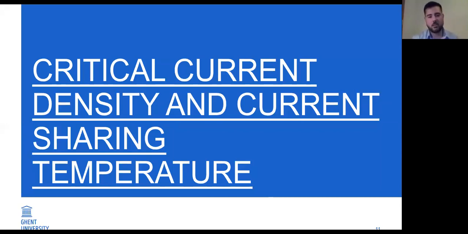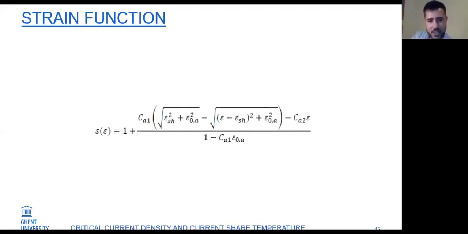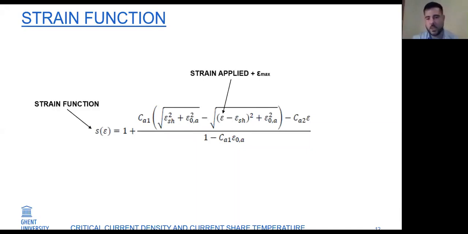This is the more technical part about the critical current density and the current sharing temperature. Okay, the first thing that I have to calculate is the strain function, which is a scaling law already, and it's produced by the strain applied to the conductors plus the maximum strain.